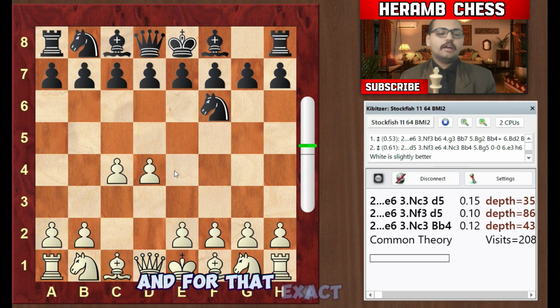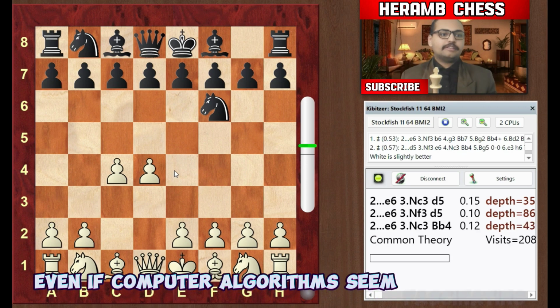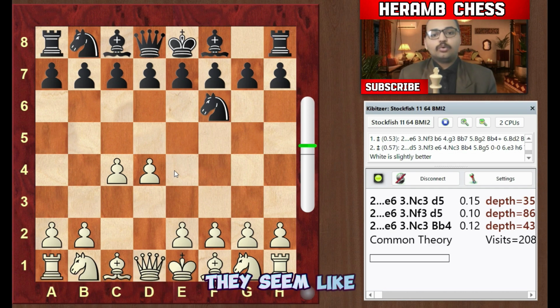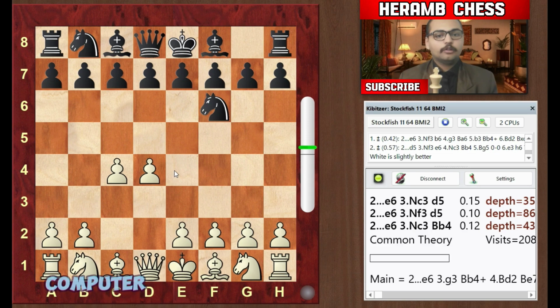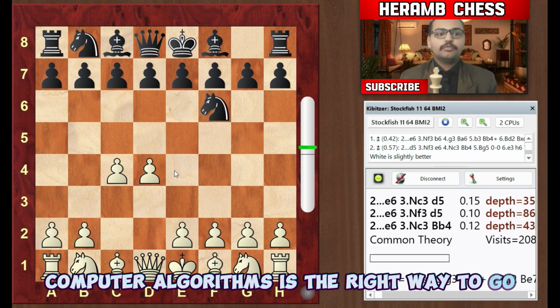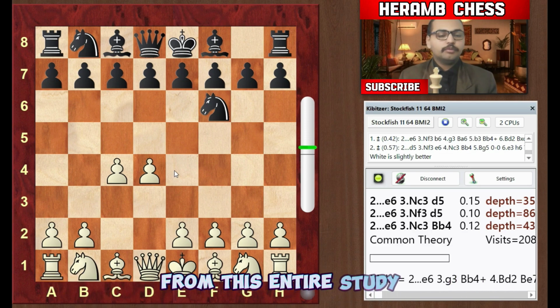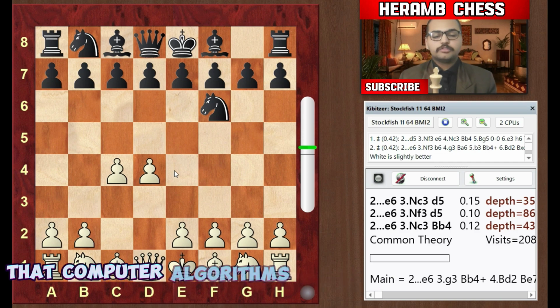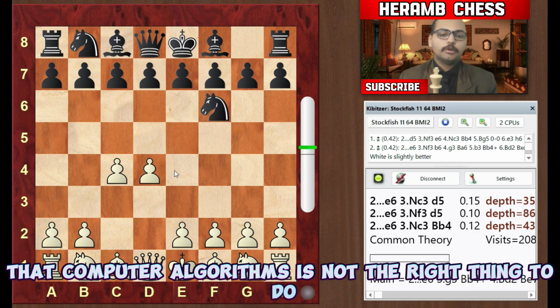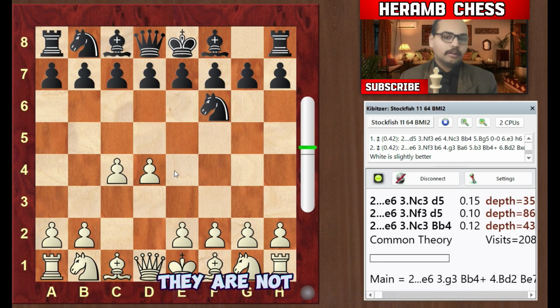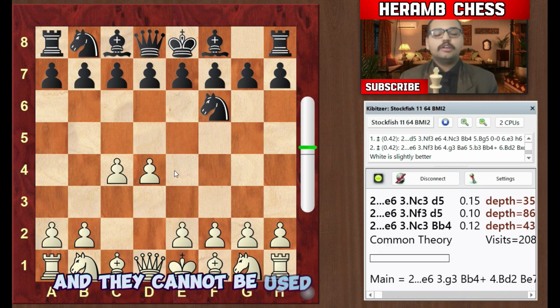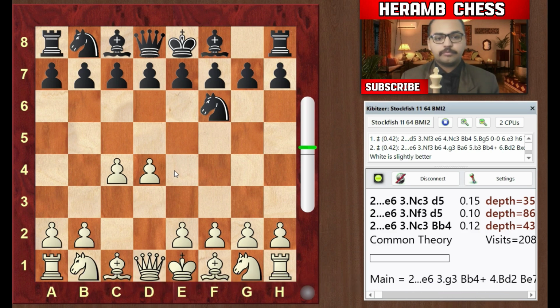And for that exact reason, even if computer algorithms seem fascinating, they seem like, oh, computer algorithm is just amazing, computer algorithms is the right way to go, from this entire study we can understand that computer algorithms is not the right thing to do, because if we are using computer algorithms, they are not practical and they cannot be used in real games.